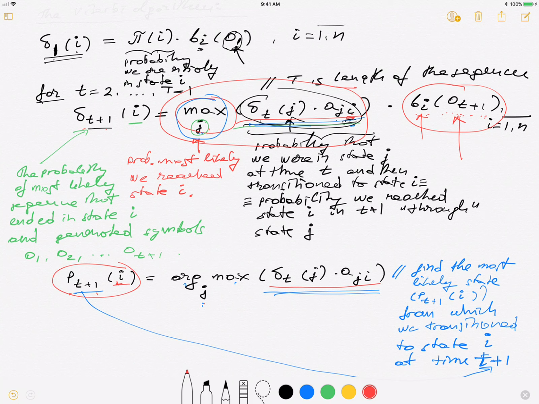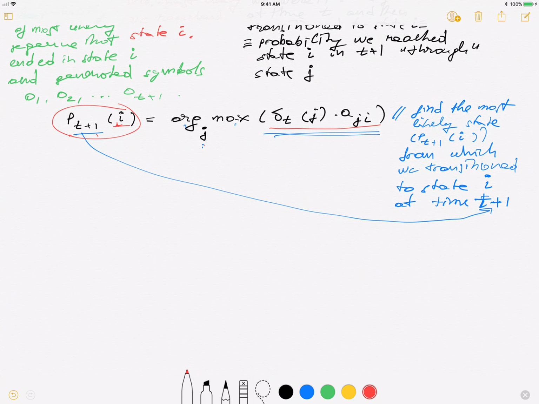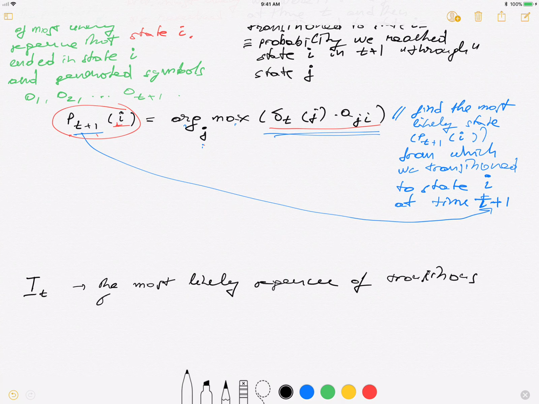And now we need to really determine the sequence, the most likely sequence. We will denote that most likely sequence as I T. The most likely sequence of transitions that led to the observed output.